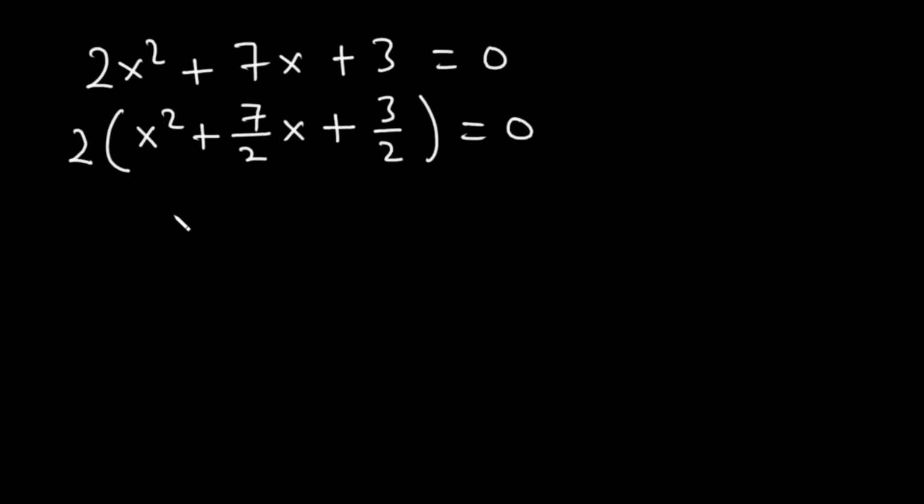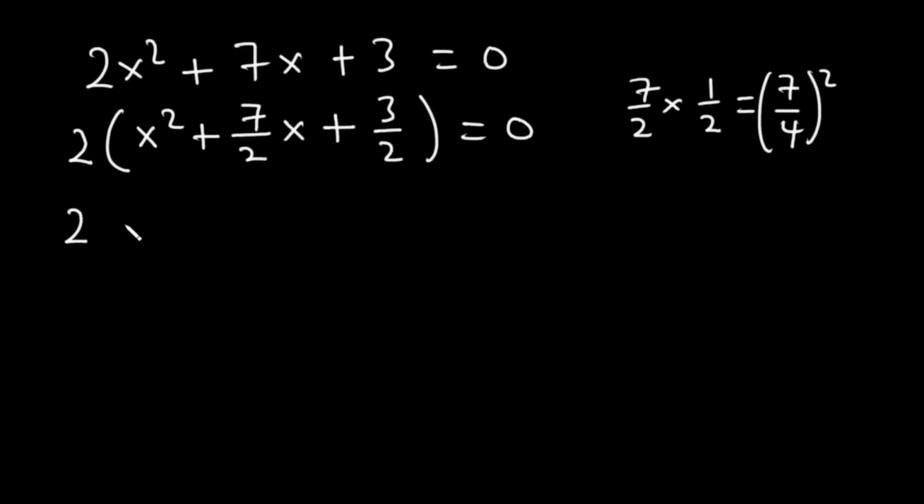The next step is to add and subtract the square of half the coefficient of x. Now the coefficient of x is 7/2, and then half of it means that you are going to multiply by 1/2. Now 7 times 1 is 7, and 2 times 2 is 4. So we have 7/4, and then the square of 7/4 is (7/4)². So we are going to fuse this into this equation.